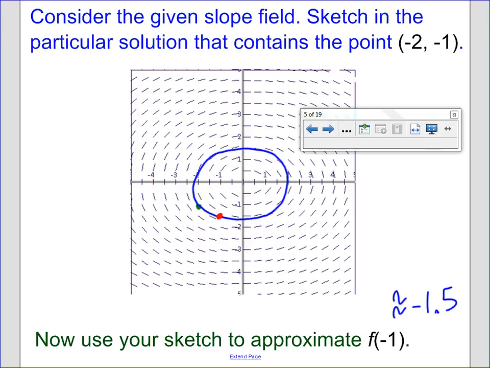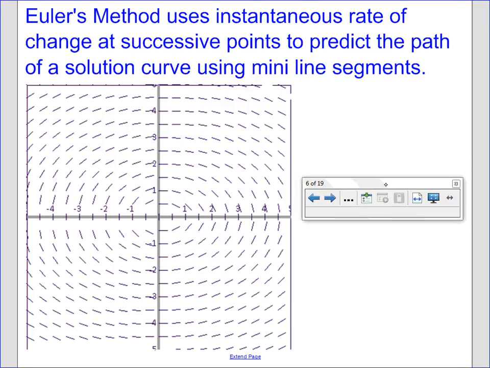All right. Now, Euler's method uses instantaneous rate of change at successive points to predict the path that the solution curve would take. Instead of us just visually doing it by hand when we're sketching, it's going to use actual instantaneous rate of change values with little mini tangent line segments and push that leaf along, using the last known slope.